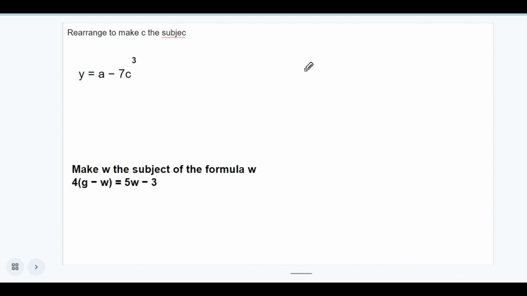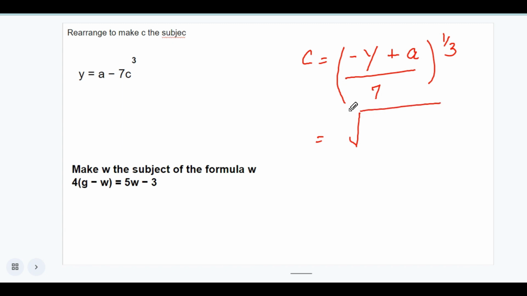Okay. The other way of writing this is like this. You can write it in your root. That means this power 1 by 3 can be written as the cube root of this number, that is y plus a divided by 7. So this is your answer.